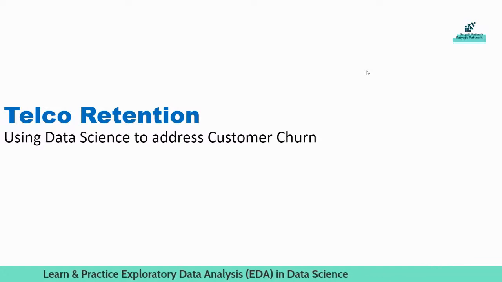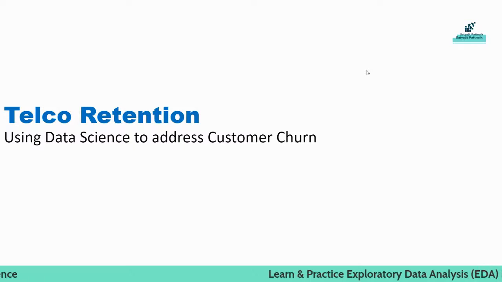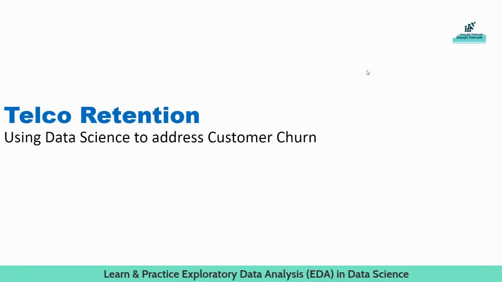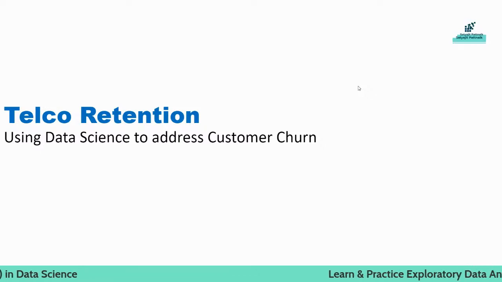The same use case is applicable throughout every domain, be it banking or gaming. In any domain, this retention use case is very much applicable. I will be talking with respect to telecom, but in case you want to visualize how it works in banking and other domains, I can also give you some examples.